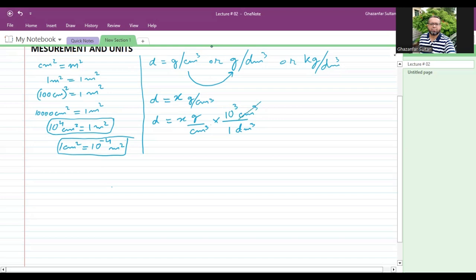So cm cube cancel. So now the density would be equal to whatever the value was there, x times 10 raised to power 3 gram per decimeter cube.